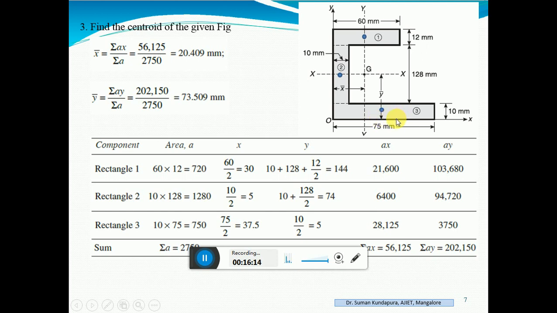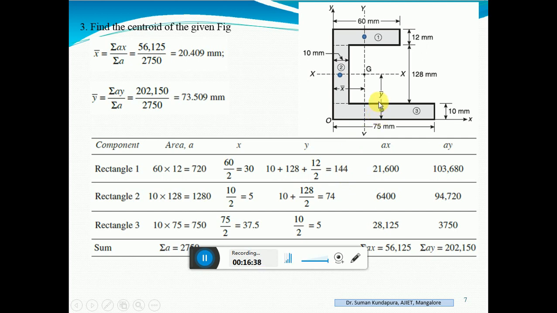So now y distances with respect to the x axis. From this x axis, we need to find out where the CG of each rectangle is lying. So you have to sum up all these distances. For the first rectangle it is 10 plus 128 plus 12 by 2, which is 144.